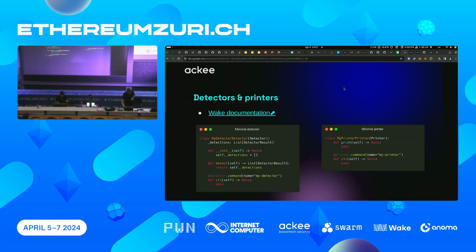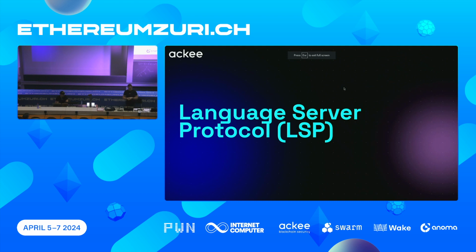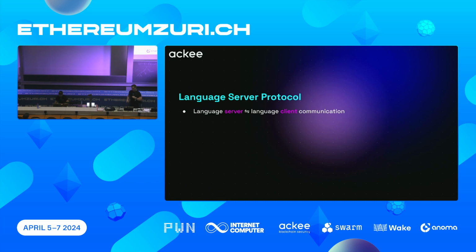Okay, let's just continue. Now, back from detectors, back from printers to language server protocol. So, what is language server protocol? It defines a communication between a language server and a language client. That perhaps makes sense. So it's a communication protocol, or a specification for a communication protocol, between something called a language server and a language client.